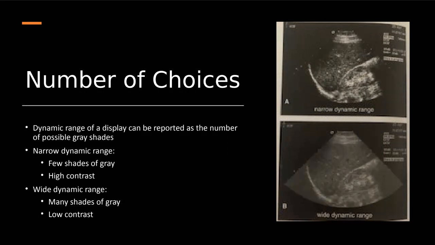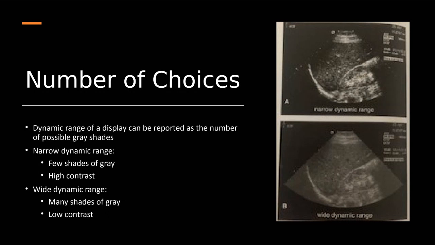So it's kind of just either rounding some of that information into the black category, or it's rounding some of the information into the white category. It's not treating each electrical signal as its own individual shade of gray. So when we have a narrow dynamic range, we have fewer shades of gray, right? Our spectrum of availability in terms of our threshold is less.